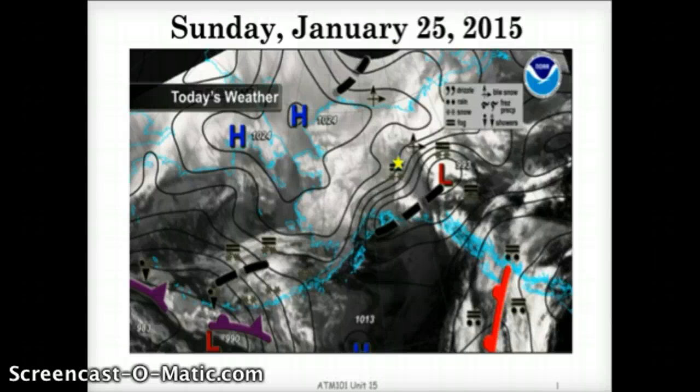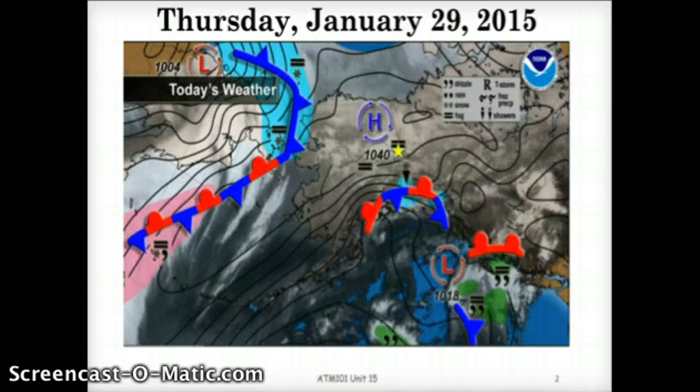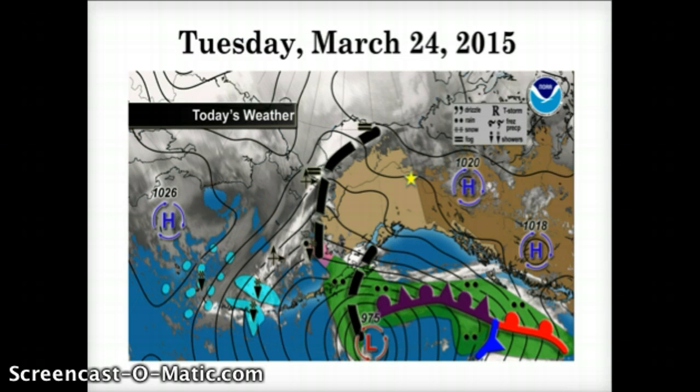Now, looking at the weather variation from January 25th to the 29th, you can see that the wind brought in a high pressure system from the north into the Eagle area within those few days. Looking at the change in weather from March 24th and the 26th, you can see that a low pressure system was moving in from the south, right along here.